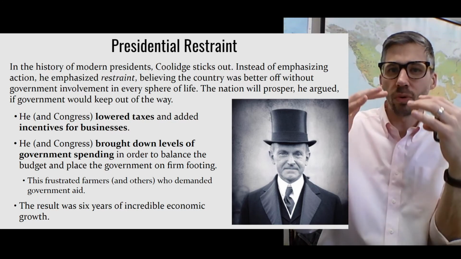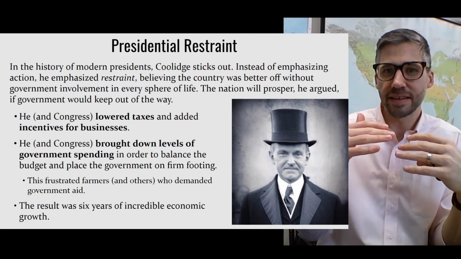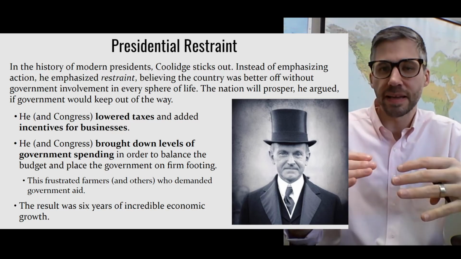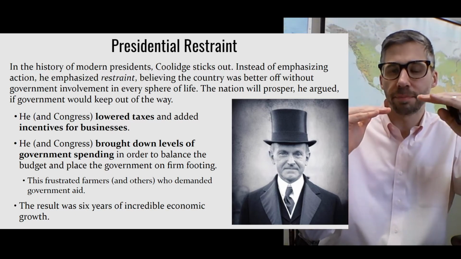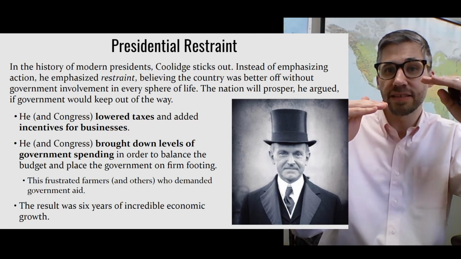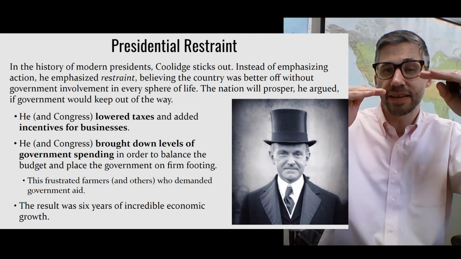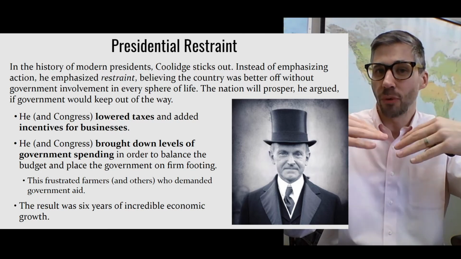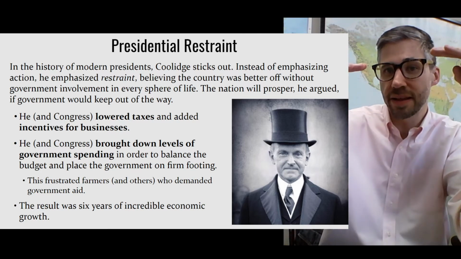And the funny thing is, he lowers taxes, the people are spending more money, the economy's moving and hopping, and all kinds of people are rising up in their income and wealth level, and their income brackets are rising. Even though it's lower taxes, people are moving up into higher rates of wealth.